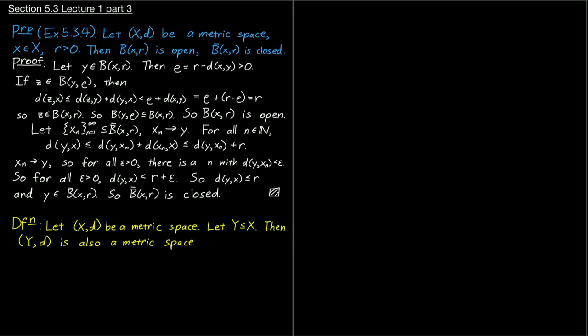Basically, you inherit all the axioms for the metric, and if the distance is defined for any 2 points in X, it's certainly defined for any 2 points in Y.